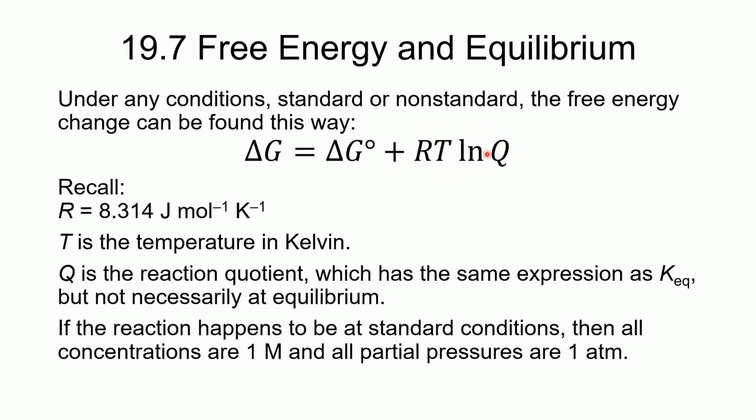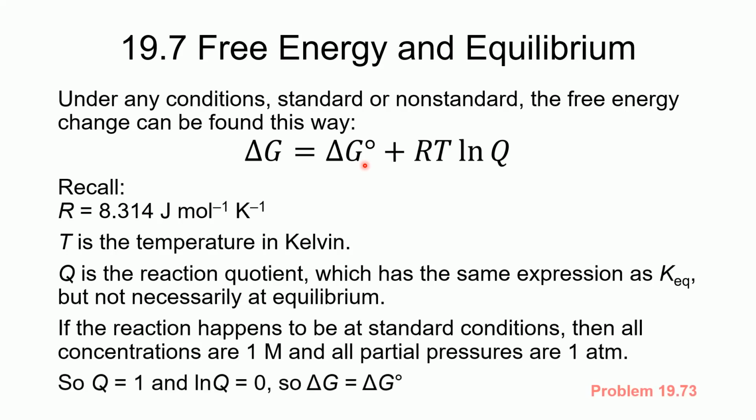So that means this whole term will drop out to 0. So if we happen to be at standard conditions, then delta G will be equal to delta G at standard conditions, which I know seems a little bit circular, but that is sort of proof that this equation actually works.